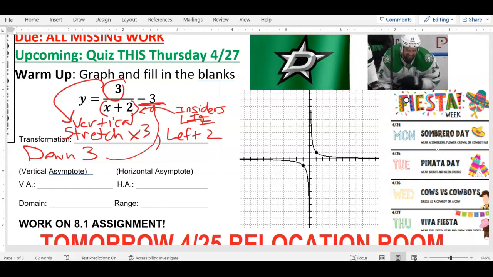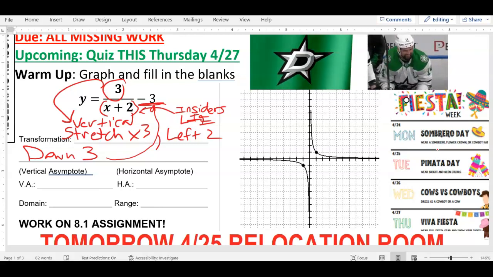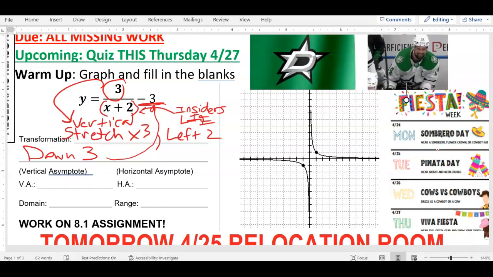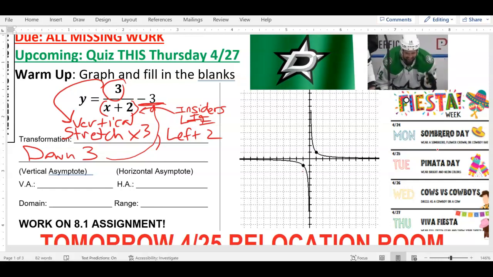Now, the next thing you got to know. So here's the deal. Do y'all see our graph? That's the original parent function. We're going to make our vertical line move 2 to the left. We're going to make that horizontal line move 3 down. Okay, so when you graph this, you move 2 to the left.